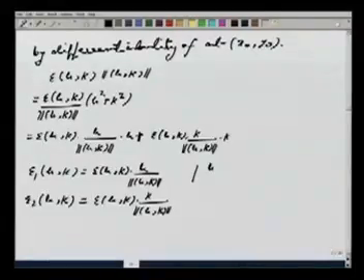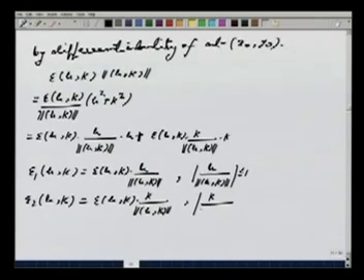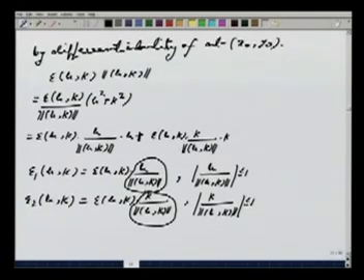Now you just simply notice that modulus of h by norm hk is lesser or equal to 1. Similarly, modulus of k by norm hk is also lesser or equal to 1. That means this is a bounded quantity, so is this, and as hk goes to 0, 0, I know that epsilon hk goes to 0. So anything bounded times a quantity which goes to 0, then the product also goes to 0.